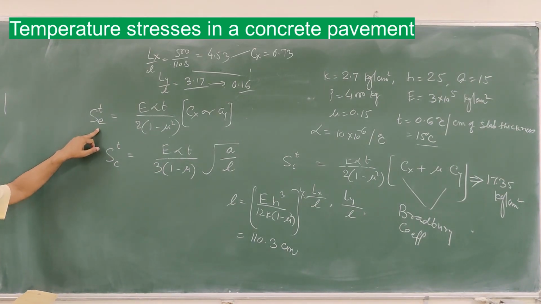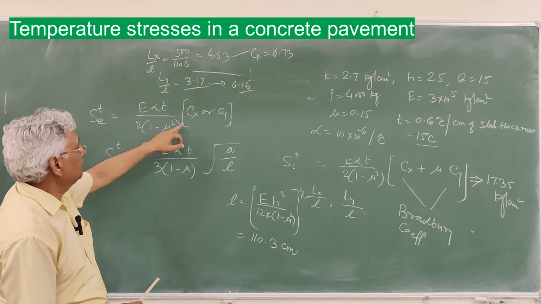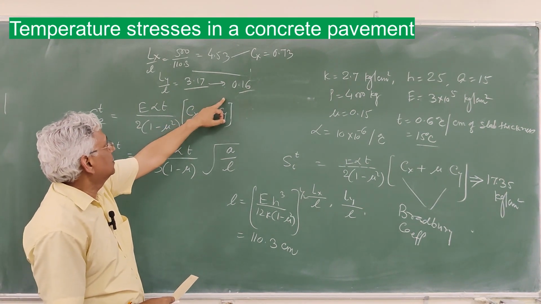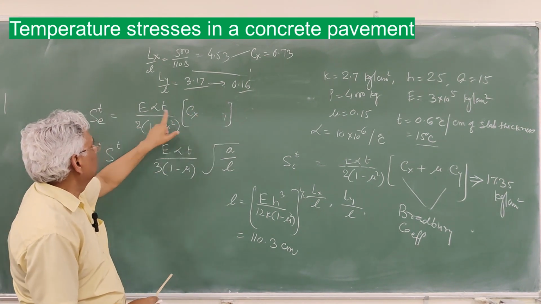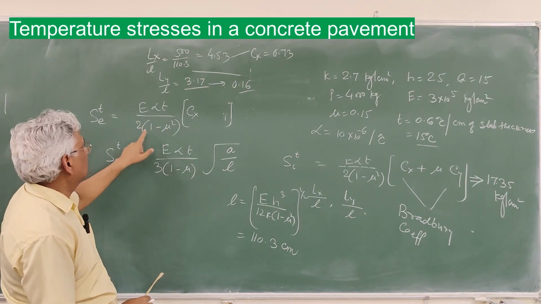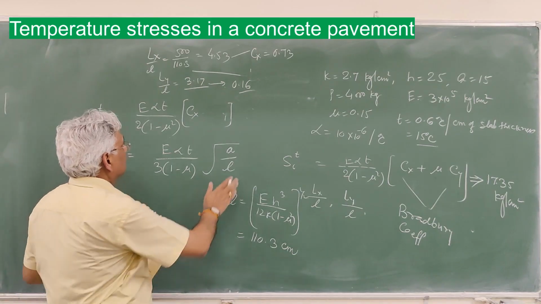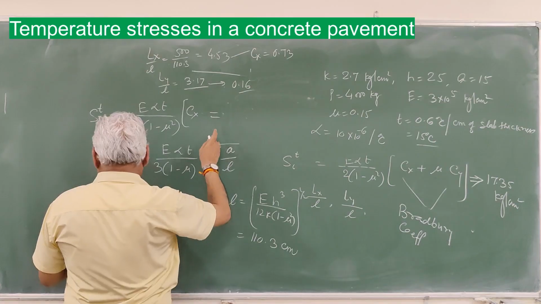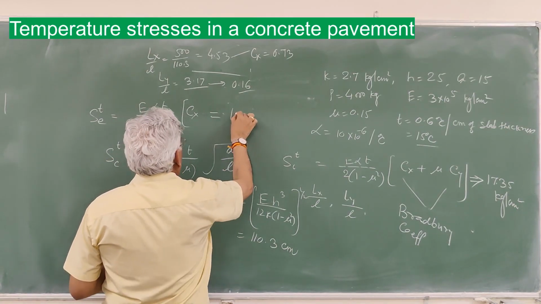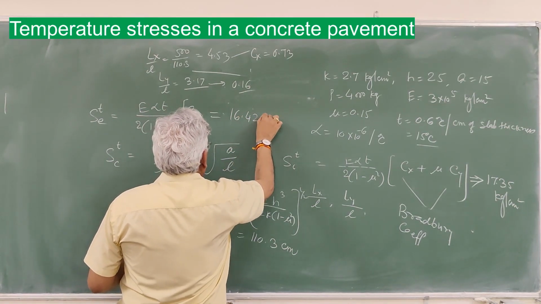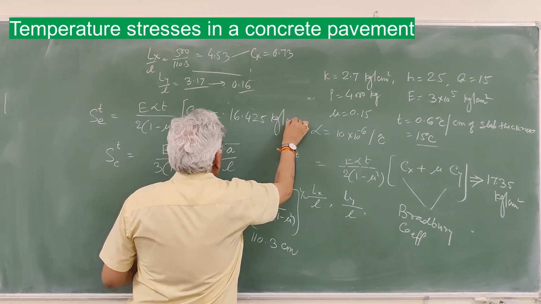Similarly, at the edge, you know all these parameters, because Cx is now larger than Cy. So this equation is now E alpha T into Cx upon 2 into (1 minus mu square), and that makes this stress 16.425 kg per centimeter square.